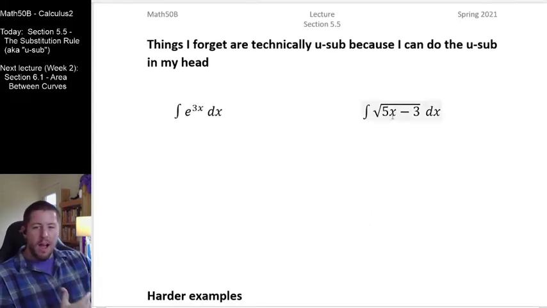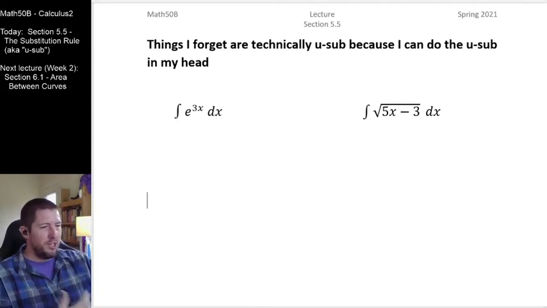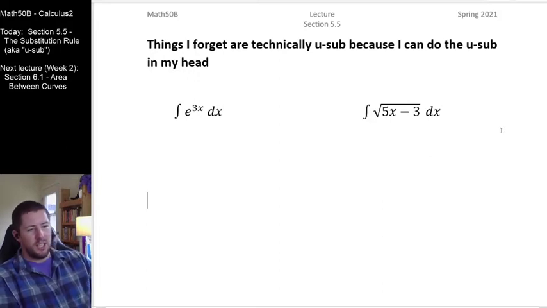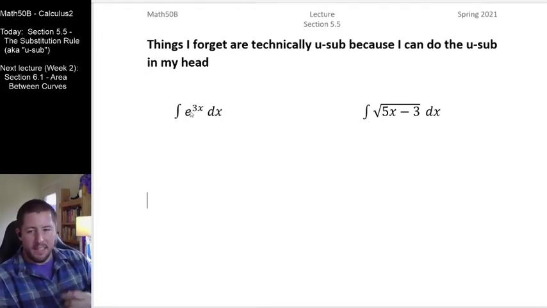But let's write them out to make sure that we do see that all that's happening here is just a constant multiple that's being affected. So here what I'm going to say is, okay, e to the 3x, technically it's a composite function. Technically I'd need to show a little bit of u sub for this, so I'm going to let u be 3x. In that case, du, I take this derivative and I just get 3 dx.